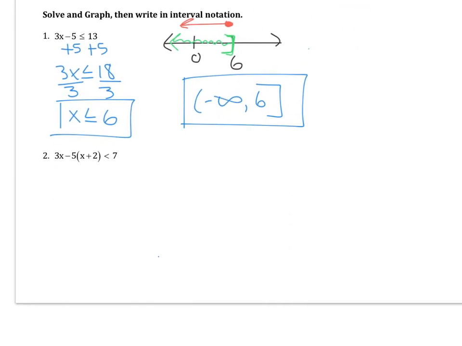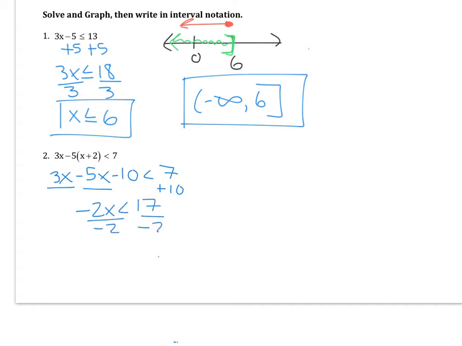Okay, let's go ahead and solve number 2. So I'm going to start by distributing my negative 5. Three x minus 5x is negative 2x, and I'll add the 10 over. Now, I'm dividing by a negative, so what do you have to remember to do? Flip the inequality sign. I'm going to go ahead and make it a decimal, so x is greater than negative 8.5.